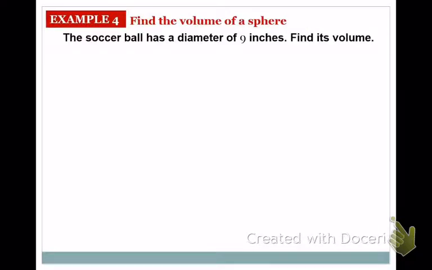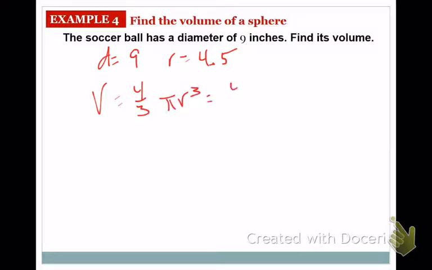All right? So, to find the volume, we've got a soccer ball whose diameter is 9. Find that volume. Well, if the diameter is 9, that means the radius is half of that, or 4.5. The volume formula is 4/3 pi r cubed, so 4/3 times pi times 4.5 cubed.